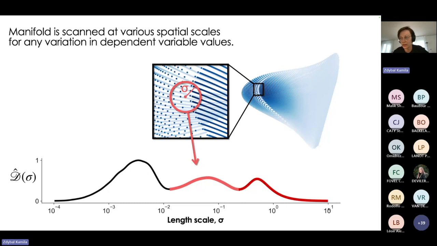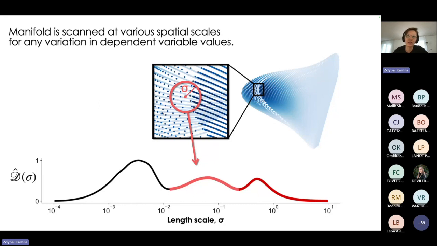So we go from 10 to the minus 1, all the way to 10 to the minus 4, or we might even go smaller than that. So we span a couple of orders of magnitude in the types of filters that we use.